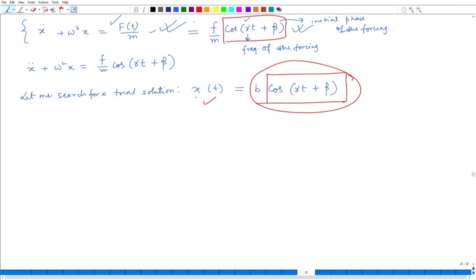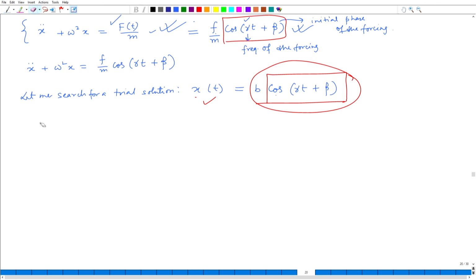That is also coming from experience, where we have seen that a system which is forced and oscillating finally settles down to exactly the same oscillatory motion as that of the hammer or the periodic force.